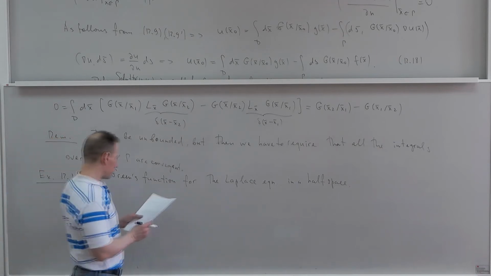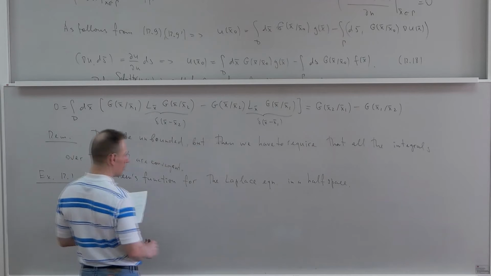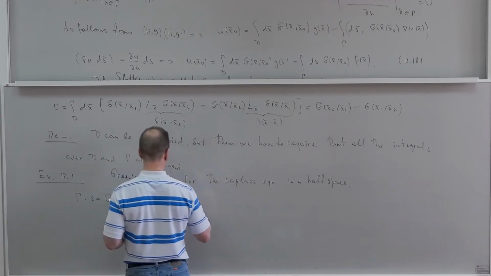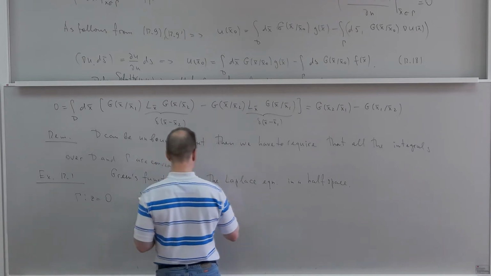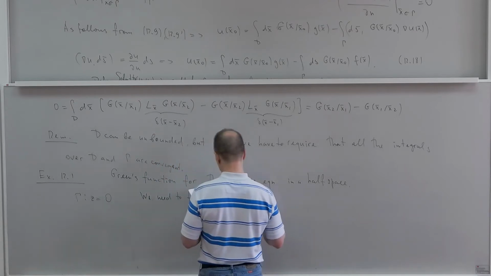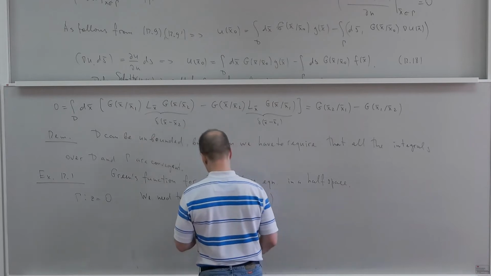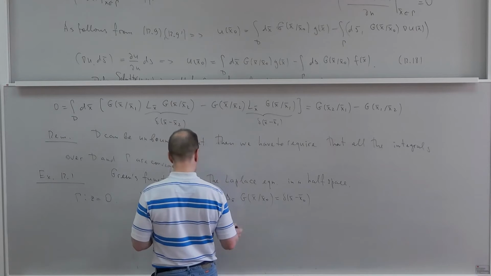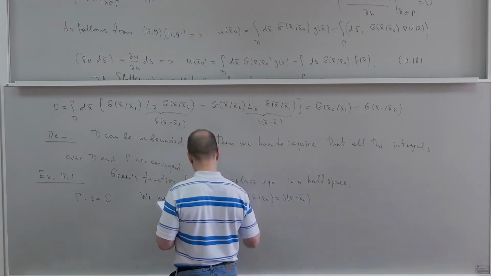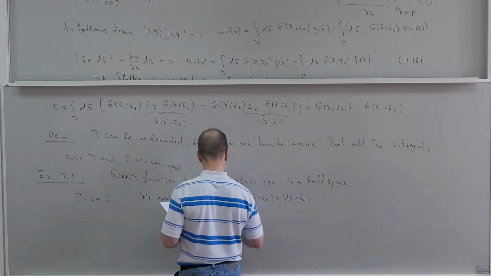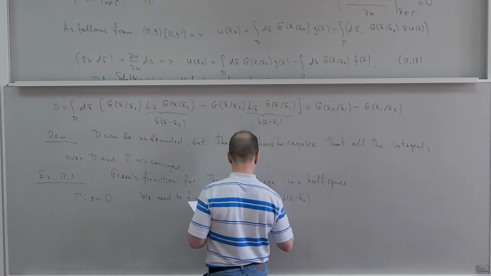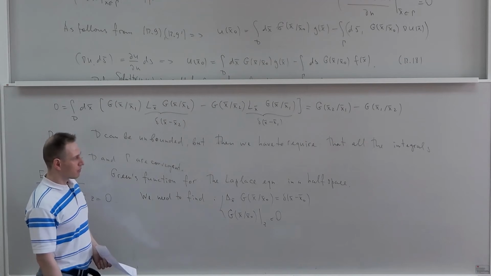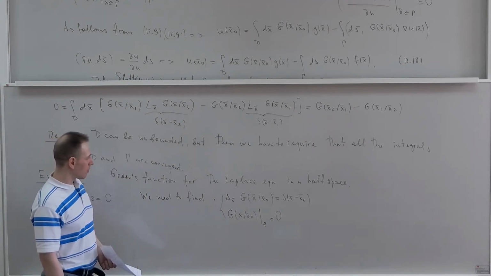And so we need to find the solution of the problem, where G is a Green's function for the Dirichlet problem.